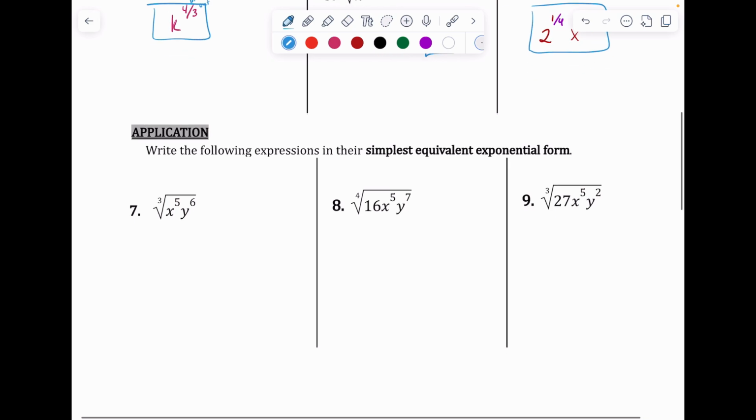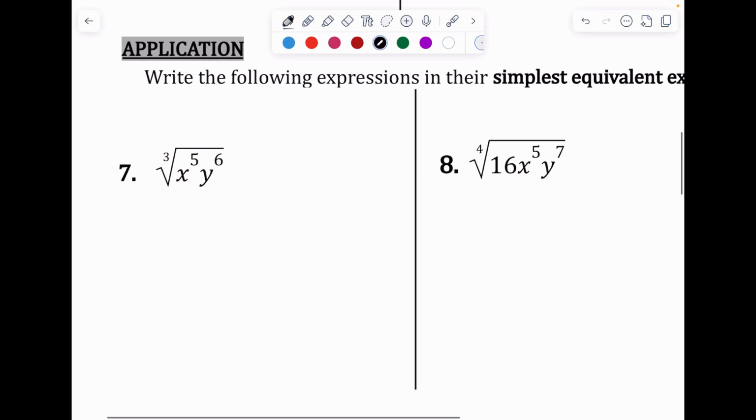All right, here's the application part. This part asks you to write the following expression in the simplest equivalent exponential form, where my first base is x, and it has the 5th power. So this is in, this is out. So when I rewrite it, my first base is x, my exponent is 5, my root is 3.